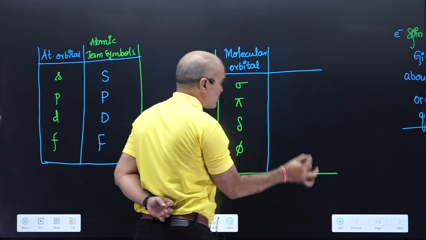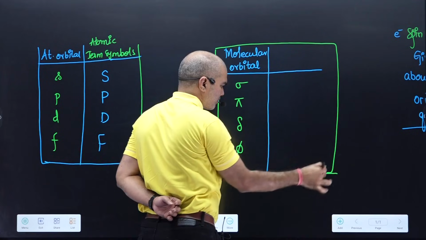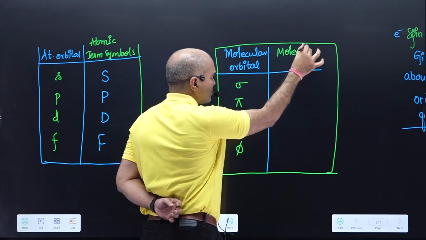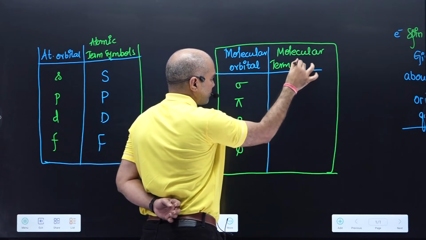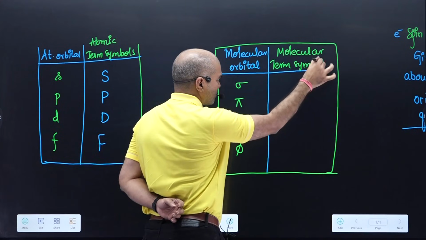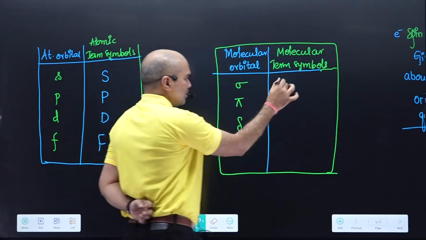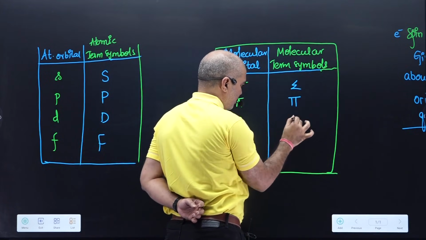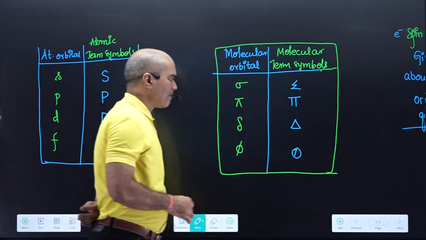When atomic orbitals combine, they give molecular orbitals. Then what are the molecular term symbols? Sigma, pi, delta, phi.